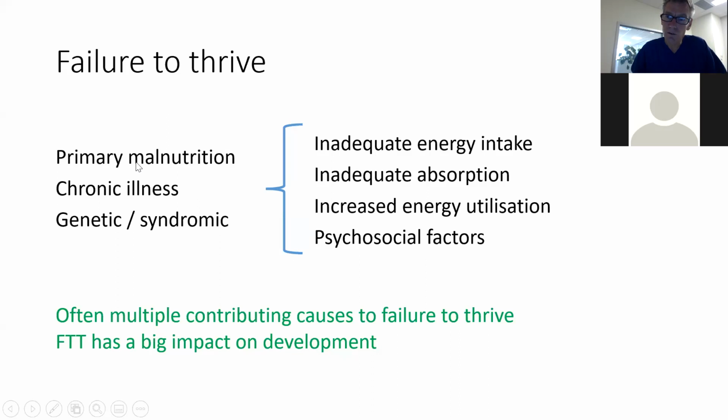Of course, some children have primary malnutrition. That is, they've just been starved. Other children have chronic illnesses as a cause of their failure to thrive. It could be chronic respiratory or cardiac or renal or gastrointestinal, some sort of chronic illness or chronic infection, and that leads to failure to thrive.